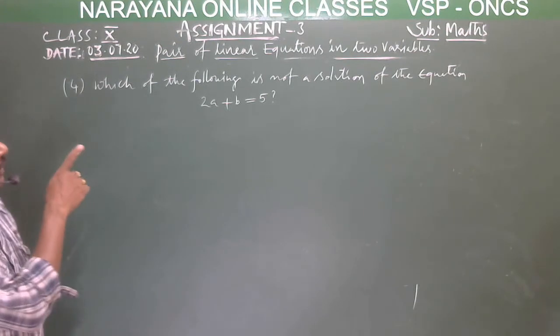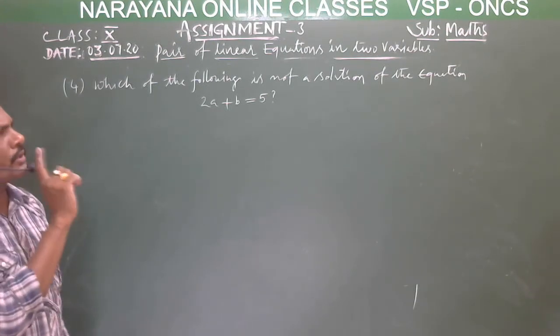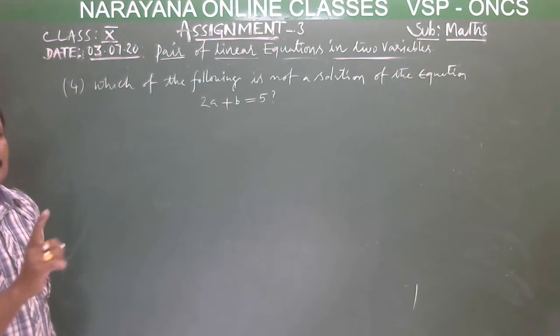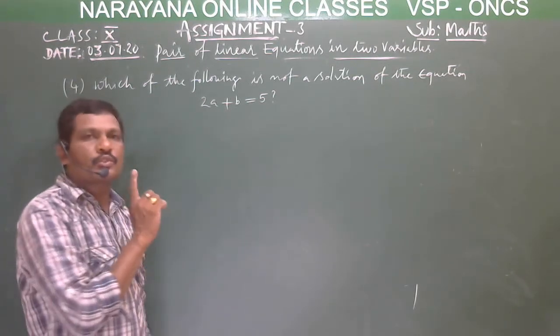Which of the following is not a solution of the equation 2a plus b equal to 5?